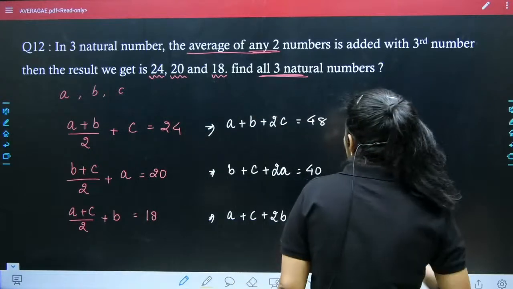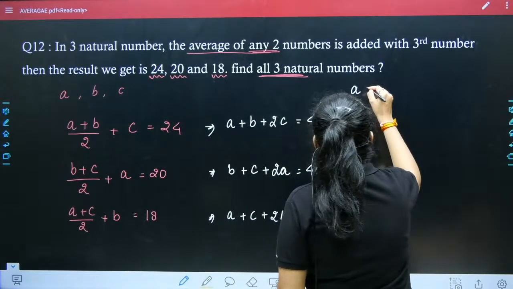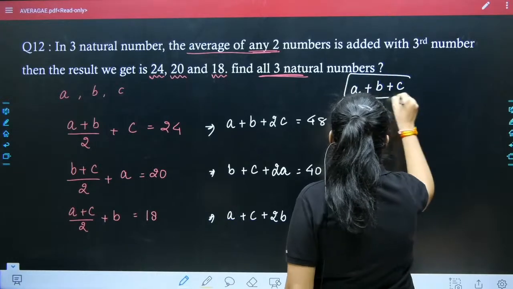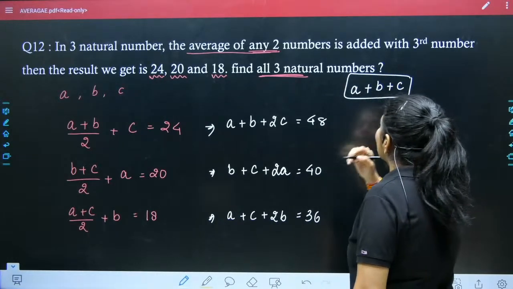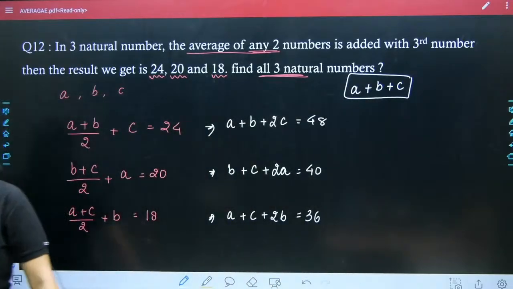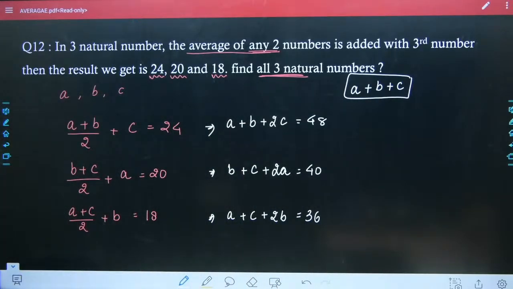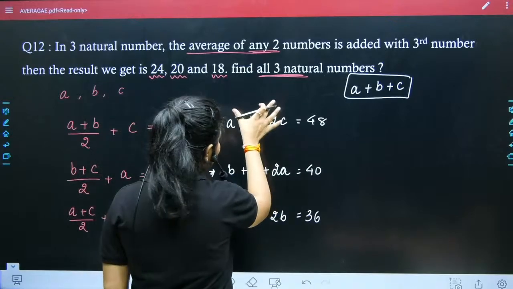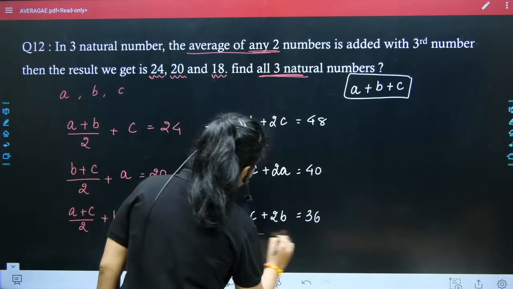From this, I have to calculate the value of a plus b plus c. How do I calculate the value of a plus b plus c from these equations? Anyone in the comment section? I just simply add all these equations, right?